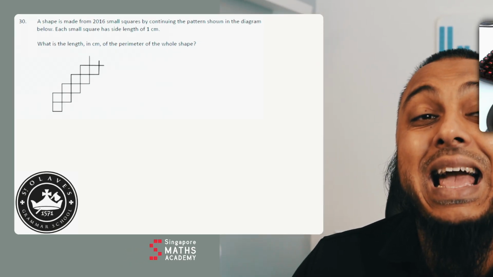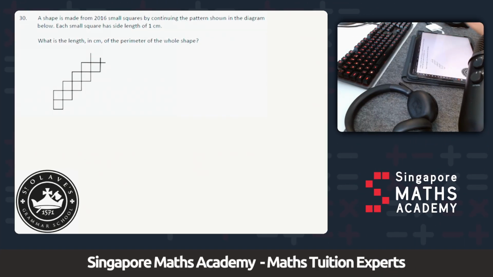Now, that can seem a bit tricky because you're looking at perimeter, right? So how can we solve this question? I'm going to think of it this way. If I have just one column, this is column 1, this is column 2, this is column 3, column 4, and so forth. If I just have one column like this, what would the perimeter be?